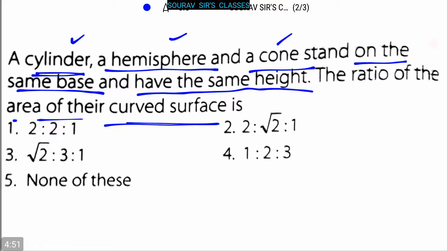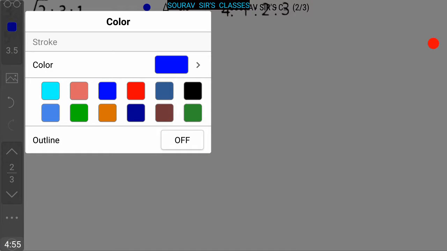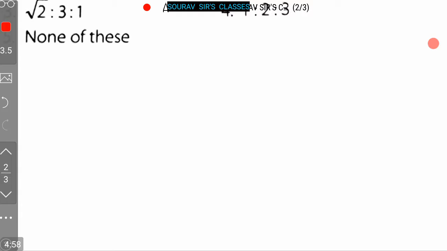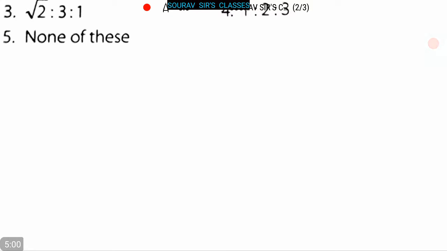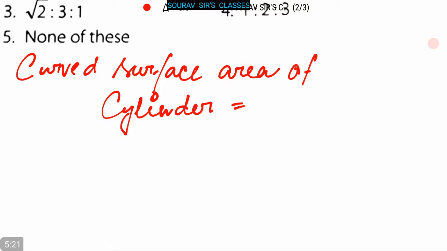The curved surface area of, okay, let me take a new color. Okay, now the curved surface area of cylinder is equals to 2 pi r h.